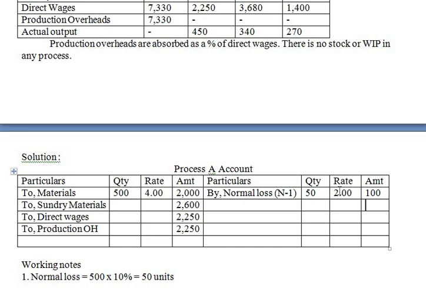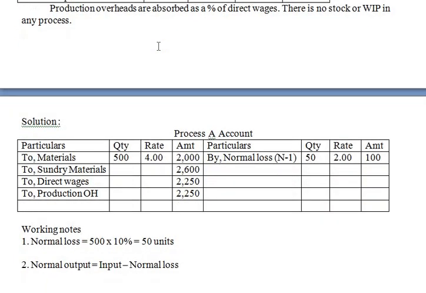Okay, now when they have given us actual output, it means there is abnormal loss or abnormal gain. Understood? So before finding out abnormal gain or abnormal loss, we need to find out normal output. The normal output formula is input minus normal loss.